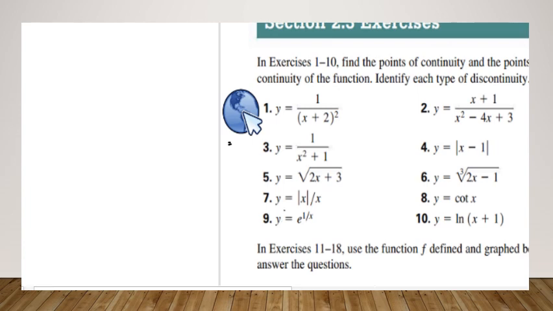Regarding number 7, I have the absolute value of x divided by x. From the graph of absolute value of x divided by x, you will figure out that it's 1, drawing like this, and at -1, drawing like that. Here is the origin, here is the x-axis, here is the point 1, here is the point -1.